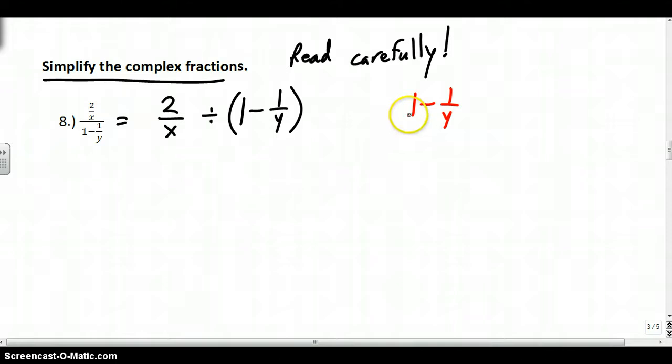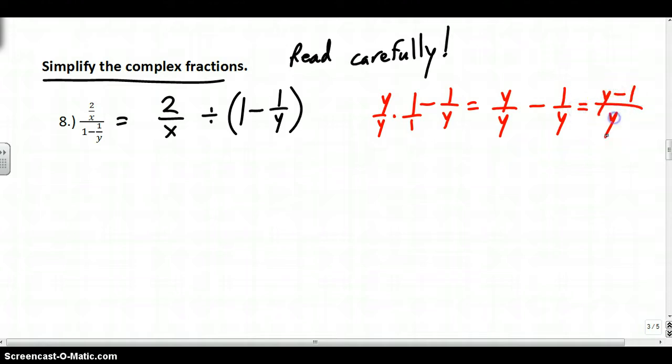Make it a fraction. Put that over 1, and then we need common denominators. Well, this denominator has a y, this one does not, so I need to multiply by y over y. It becomes y over y minus 1 over y, which of course simplifies to y minus 1 over y.